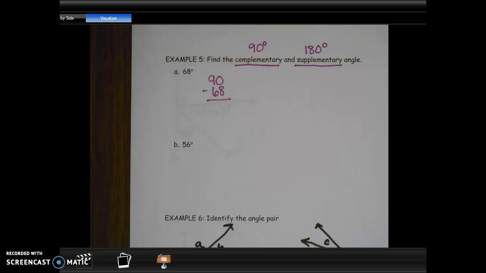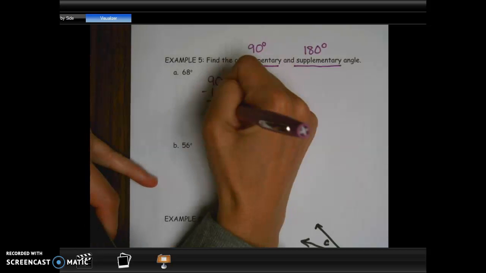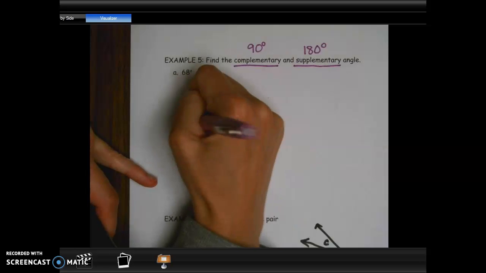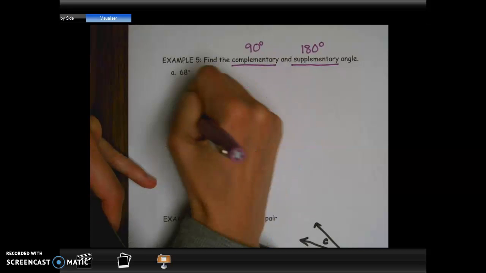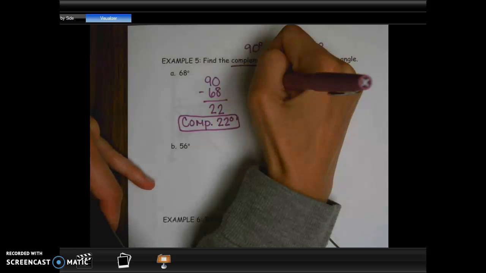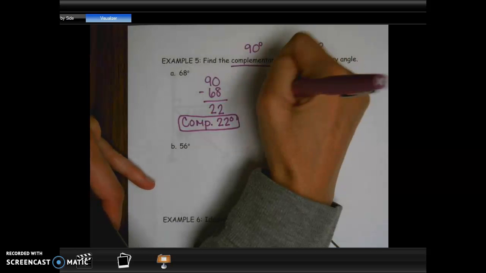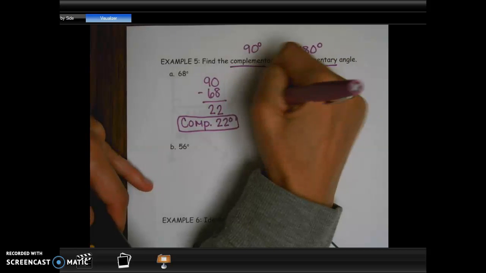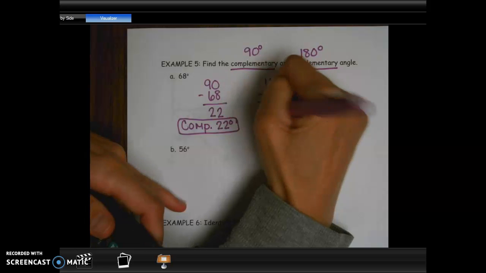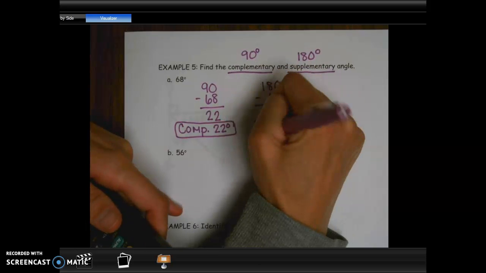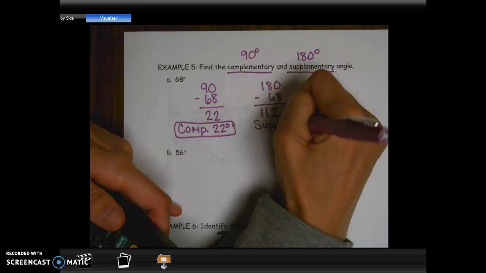Well, let's see what we get. We get 22. So the complement is 22 degrees. All right, if we want to know the supplement, we do 180 minus 68. We get 112. So our supplement is 112 degrees.